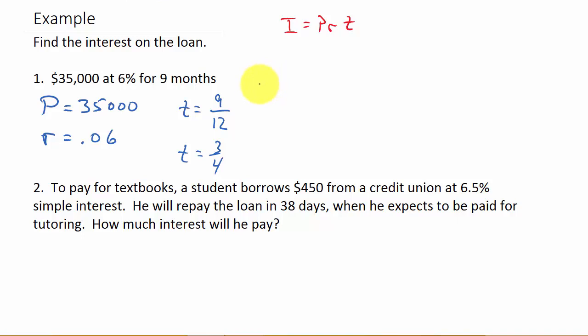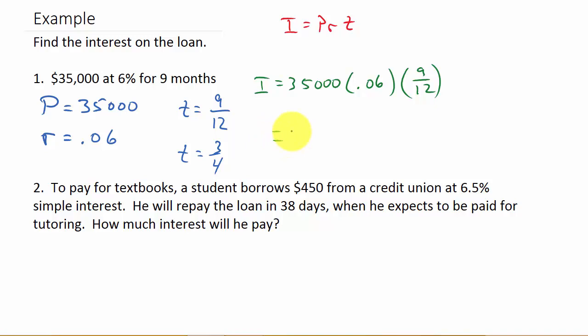So we get our interest is equal to P, which is 35,000, times R, 0.06, times the time, which is 9 over 12. That's how we would express the 9 months.